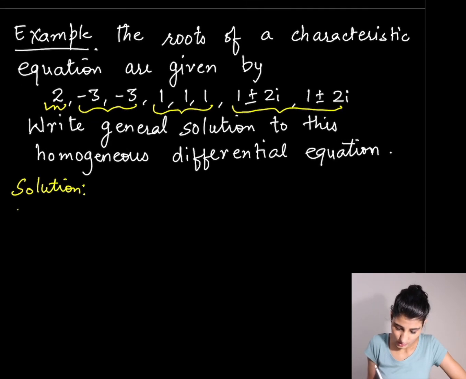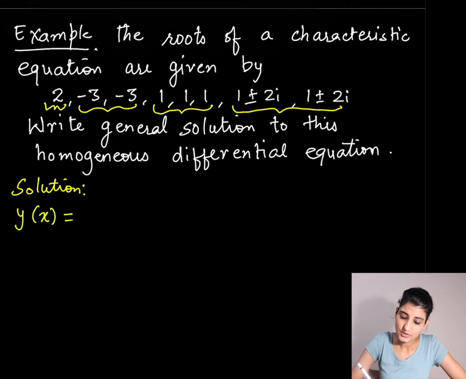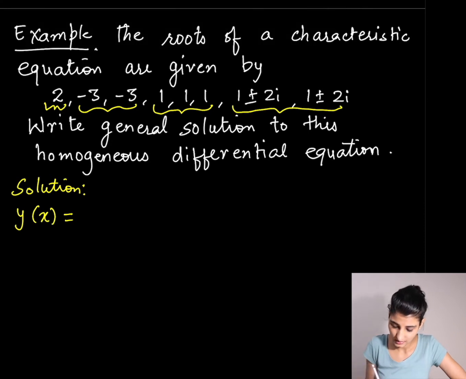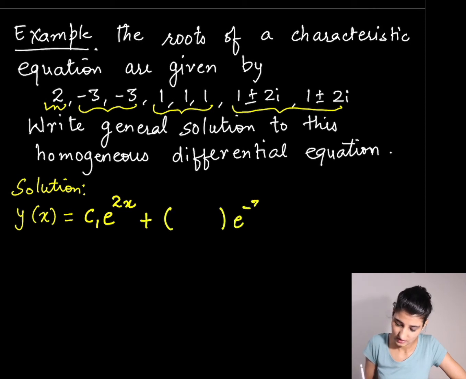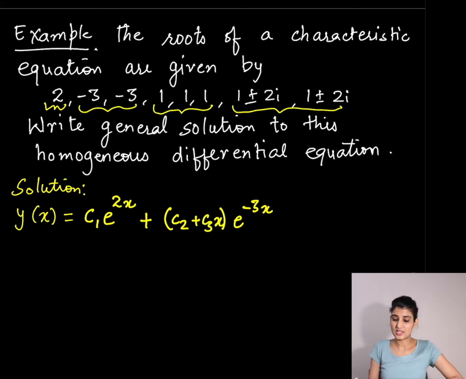Okay, so our y(x) is going to be corresponding to 2. Since 2 is not matching to anyone, we have c1 e power 2x. Corresponding to -3, we have c2 plus c3x, e power -3x.